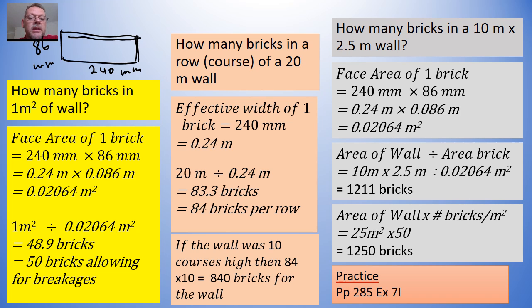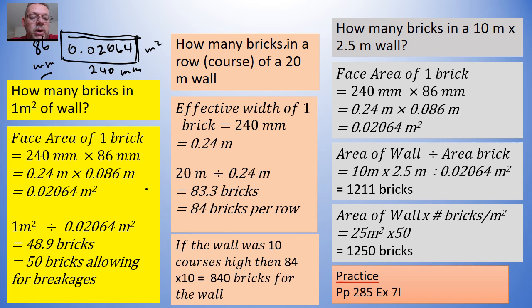So we would just need to convert them into meters and multiply them together to get the area in square meters of a brick. That would become 0.086 meters and 0.24 meters, and multiplying them together is 0.02064 meters squared in the surface area of one brick.